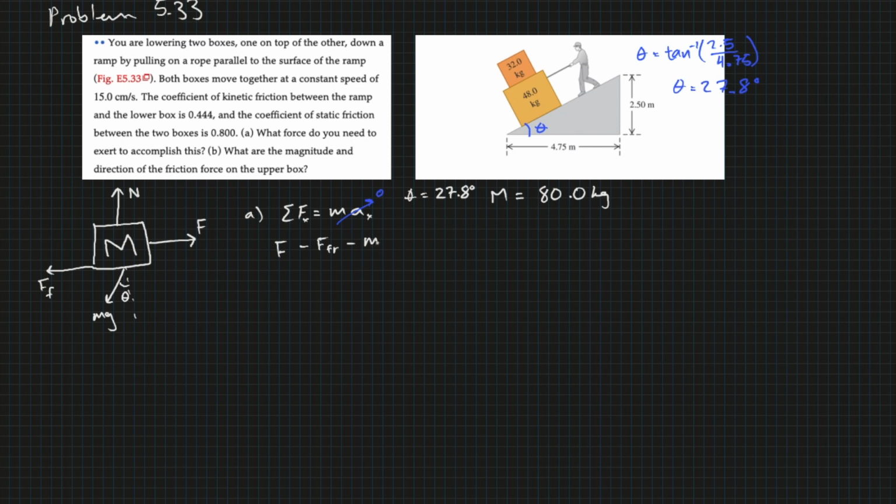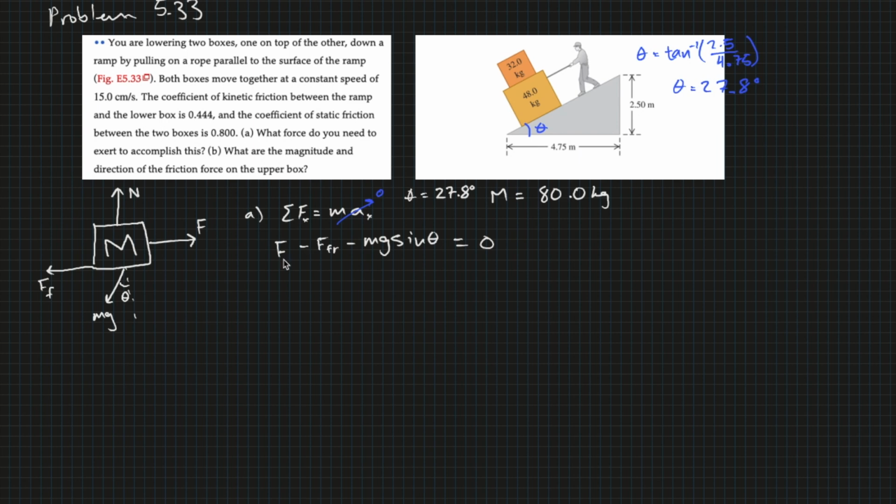And then the horizontal piece of mg, so it's going to be mg cosine, or excuse me, sorry, that's mg sine of the angle that we just decided, which was 27.8. I'll plug that in a second. All that equals 0.